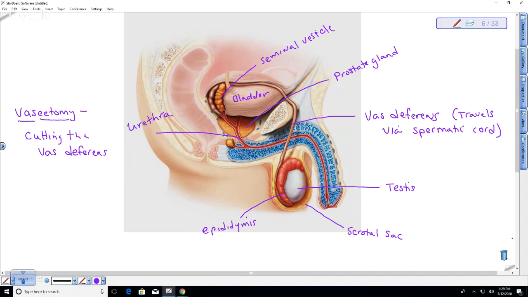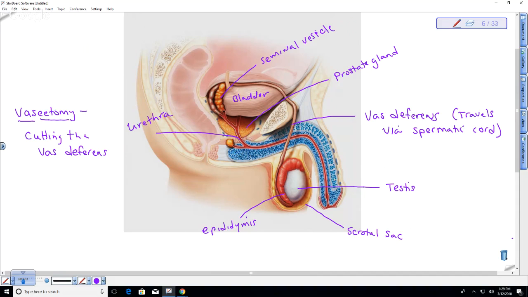So almost every male, when they get to be 70 or 80 in this country, will have prostate problems. And so it might make it very difficult for you to urinate. So older men have to constantly go to the bathroom because they can only urinate a little bit at a time. And it can also make that urination very painful.